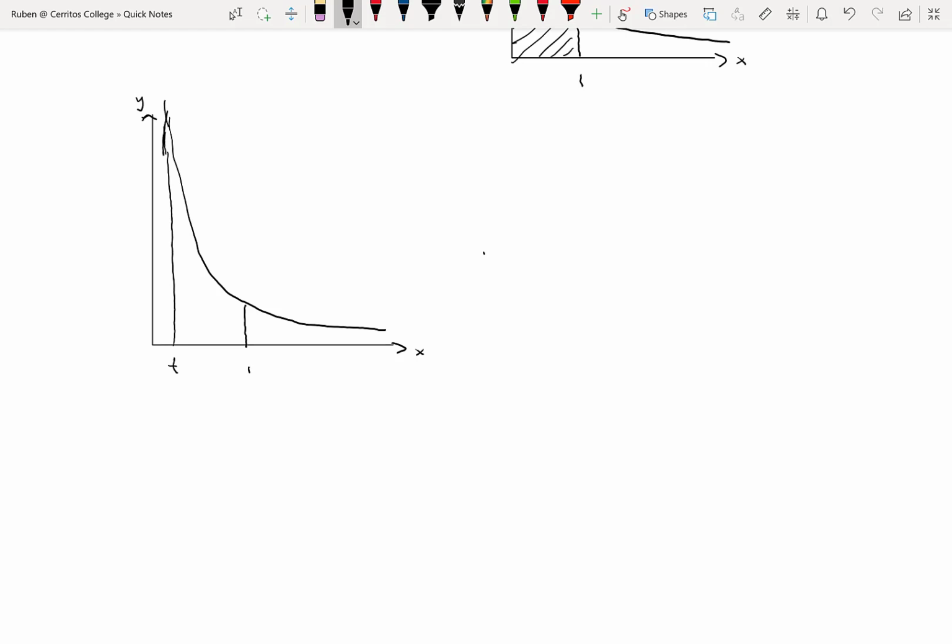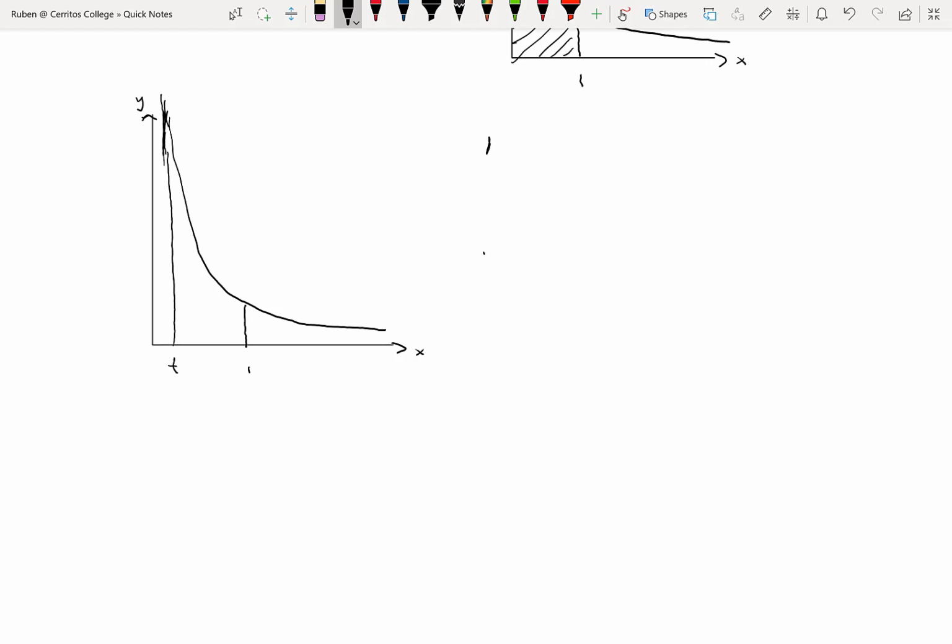So we integrate from t to 1, which is perfectly legitimate. Within the interval from t to 1, the function stays finite. It's a little corny the way I've graphed it, but there's no point at which the function becomes infinite if we put the lower limit as some positive constant t.